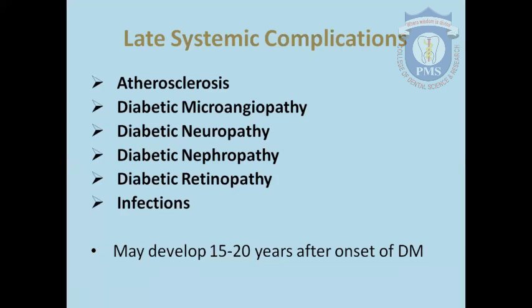Now, the late systemic complications, which include atherosclerosis, diabetic microangiopathy, diabetic neuropathy, diabetic nephropathy, diabetic retinopathy, and infections, may develop 15 to 20 years after the onset of diabetes mellitus.